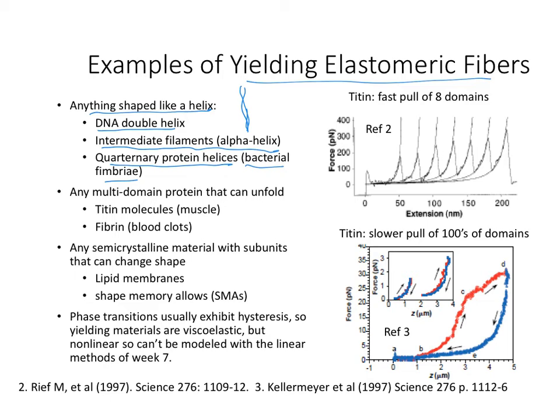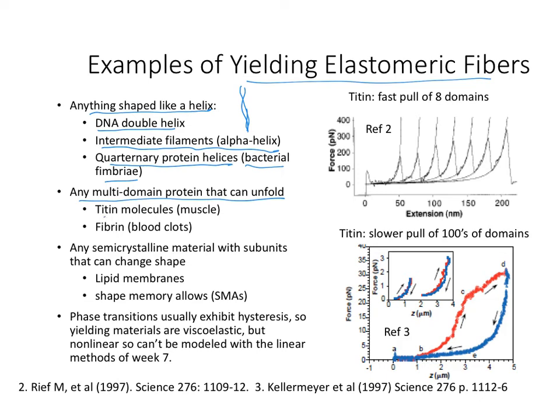In addition to helical proteins, any multi-domain protein that can unfold, and I say multi-domain, I guess it could be multiple domains or multiple subunits covalently bonded together. It just requires, as I mentioned before, a mechanism whereby unfolded proteins don't lose their ability to bind to each other, which usually requires their tertiary fold.